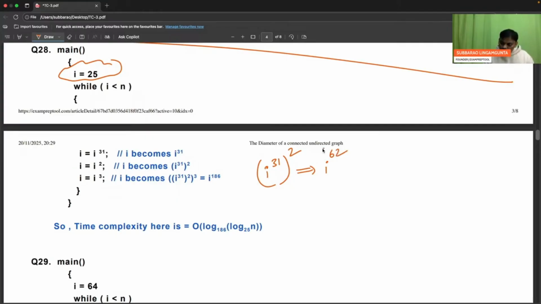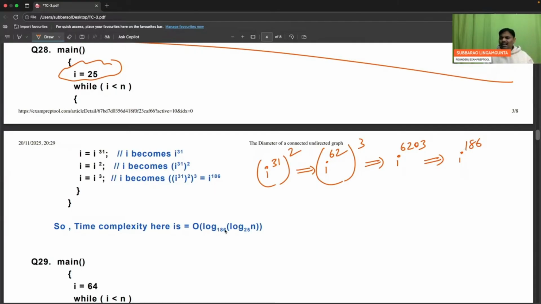Whatever you have, whole power 3: i power 62 into 3, which is 186. So i power 186.